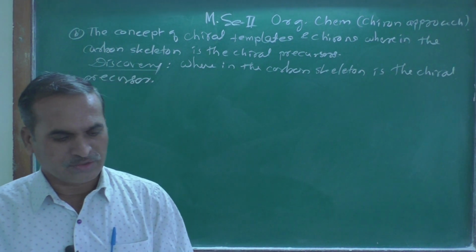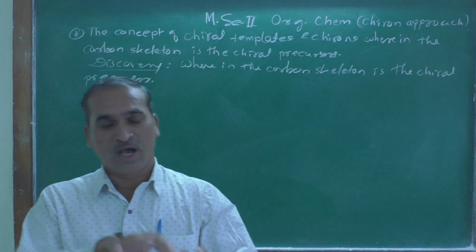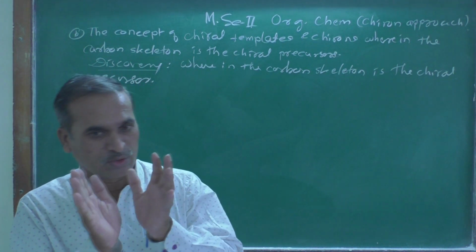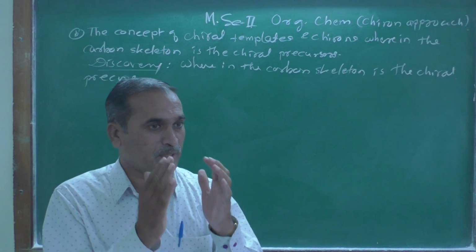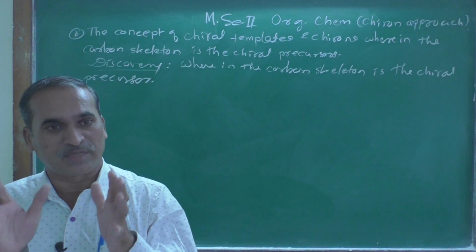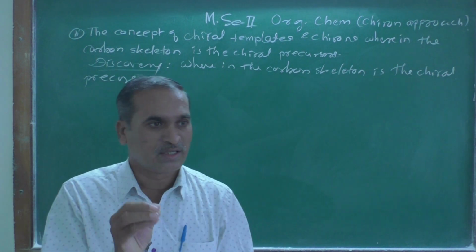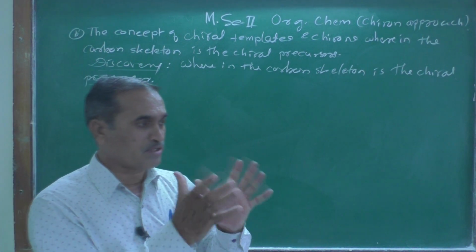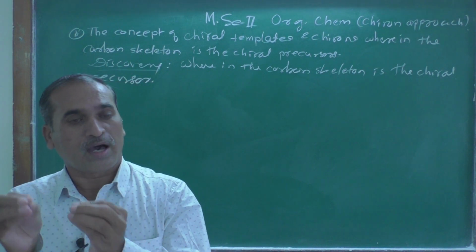So far we have seen in our previous design how to design those molecules. By designing those molecules, we are purposely working toward natural synthesis, and the aim of this chiron approach is to synthesize the target molecule, which is a natural product.